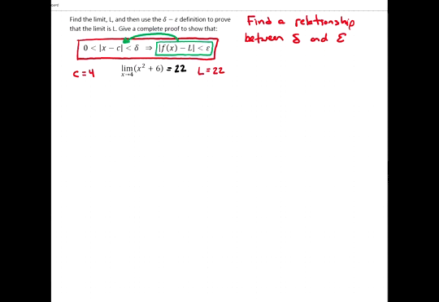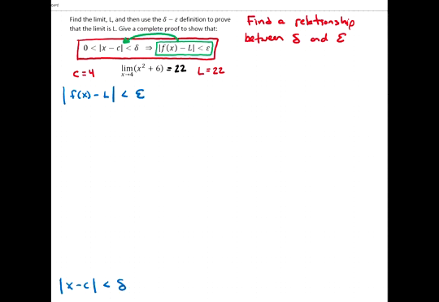Okay, so we'll start with the absolute value of f of x minus L is less than epsilon. And what we want to do is end up with the absolute value of x minus c is less than delta. So we know where we're starting, we know where we want to finish.